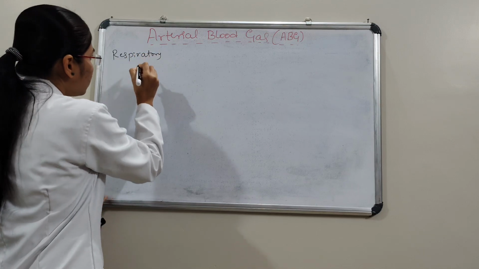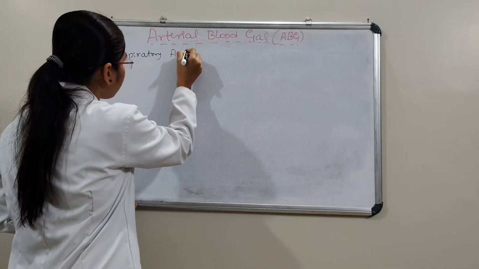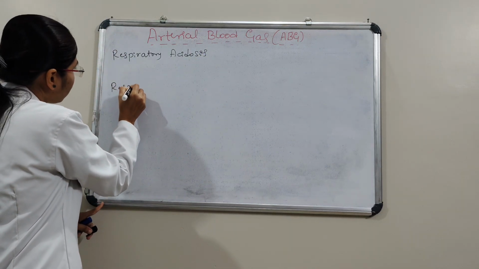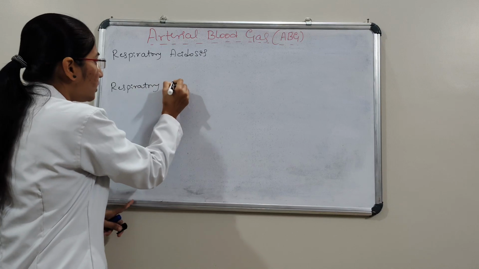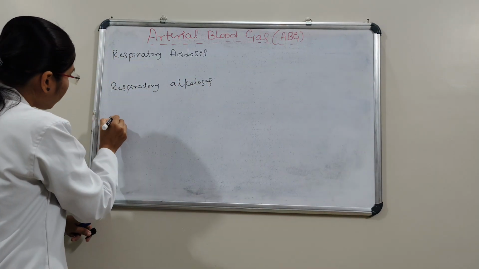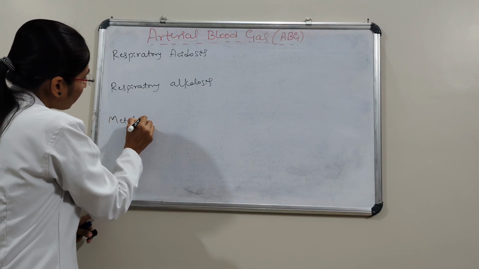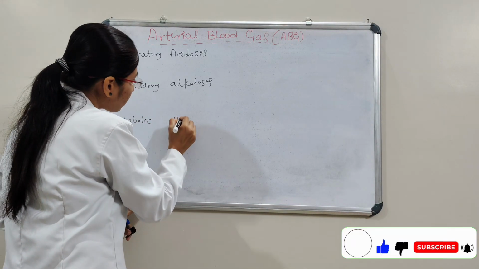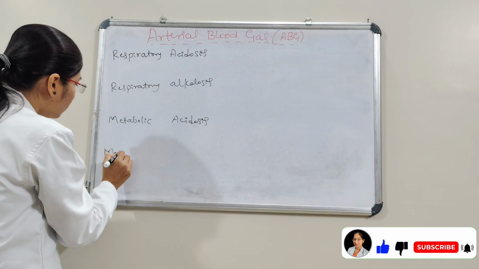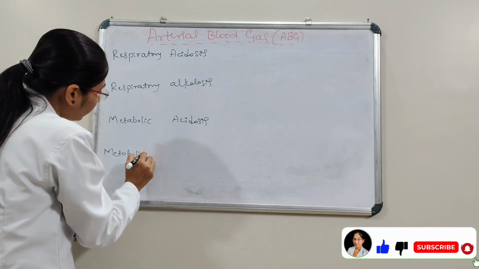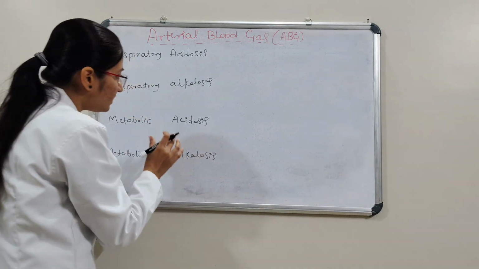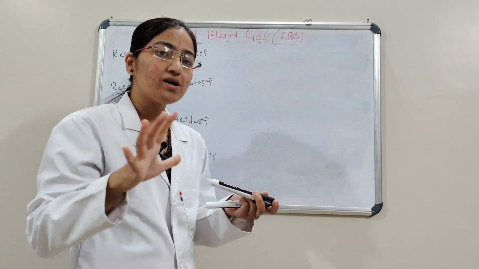Respiratory acidosis, respiratory alkalosis, and then metabolic acidosis and metabolic alkalosis. We can see the disorder based on the readings.